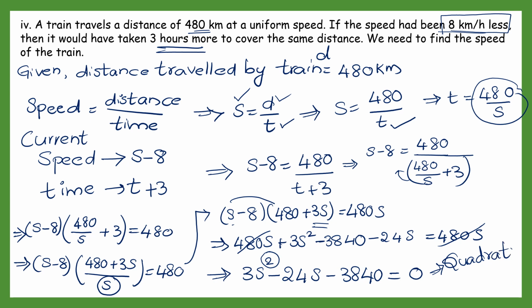You can also compare with general form of the quadratic equation, ax square plus bx plus c is equal to 0. The condition is a should not be equal to 0. If you compare, what do you get? a is equal to 3, b is equal to minus 24, c is equal to minus 3840.